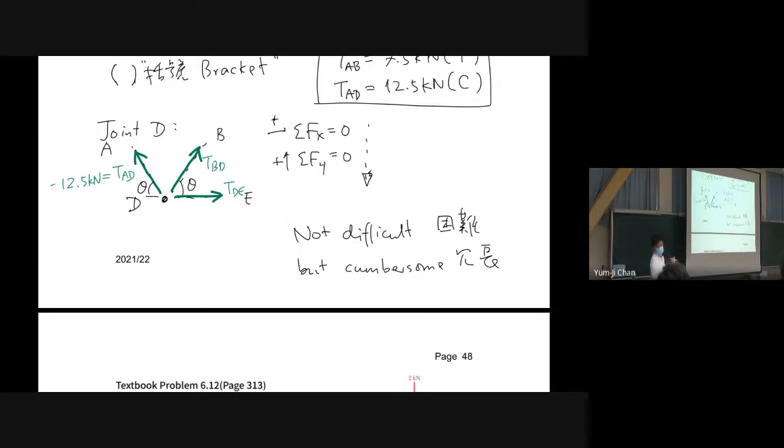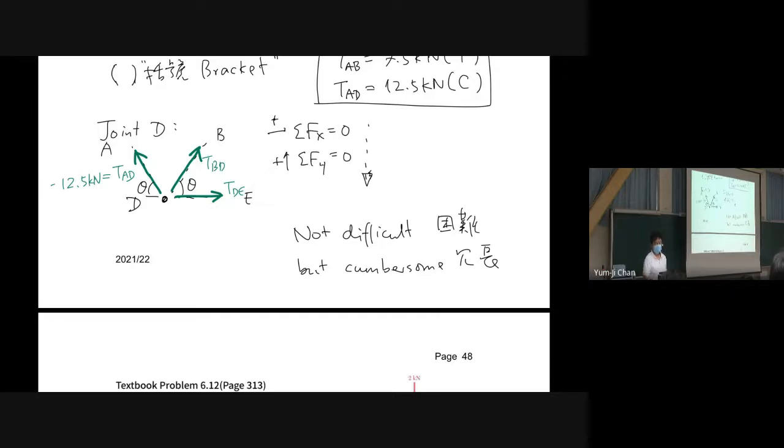For this problem, how many joints do we have? We have A, B, C, D, and E. Now you need to do it for joint A, for joint B, and then for joint A, D, B. Probably you need to do it on joint E as well, and then you need to do it 4 times.